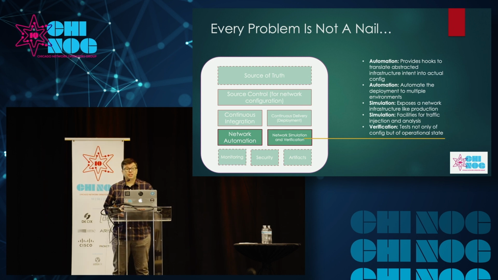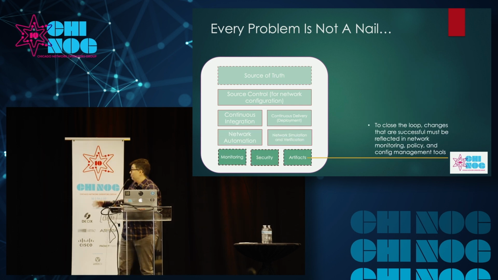You want to be able to analyze traffic, and inject it, to really validate that operationally your changes are going to do what you want. And then from a verification standpoint, test the state. Don't just assume that because this is configured correctly, this IP address looks right, that operationally it's going to do what you want.